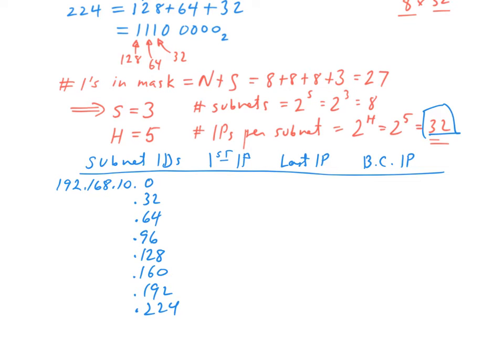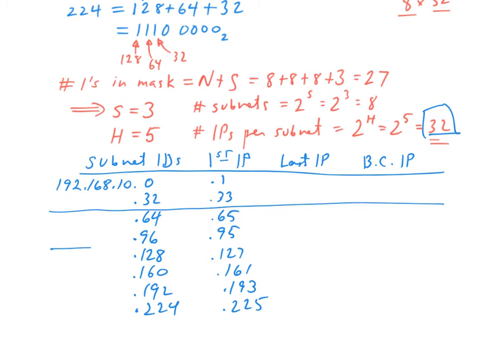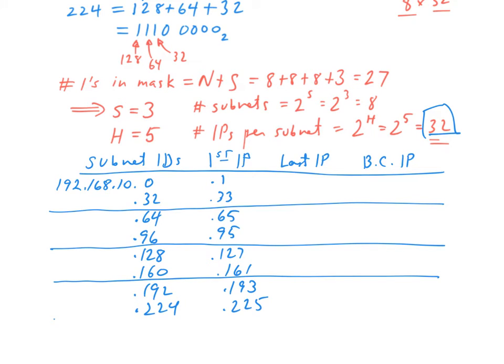And so the first IPs are .1, .33, .65, .97, .129, .161, .193, .225, and the broadcast IPs are one less than the network ID for the next one up.